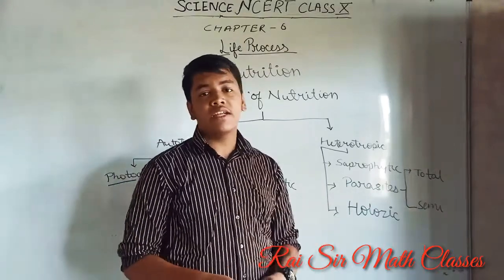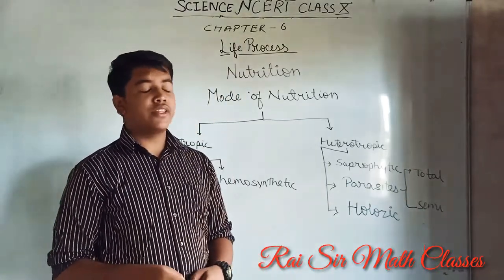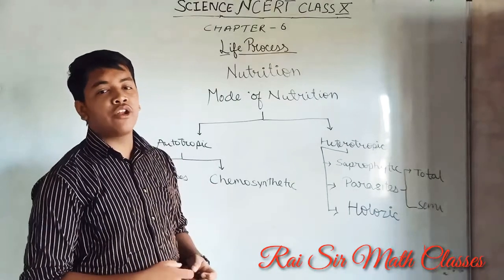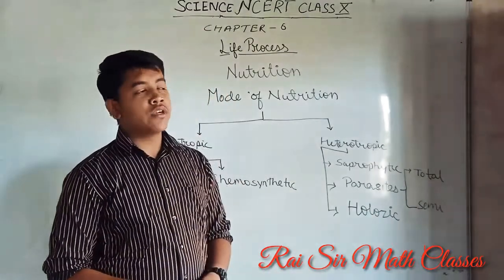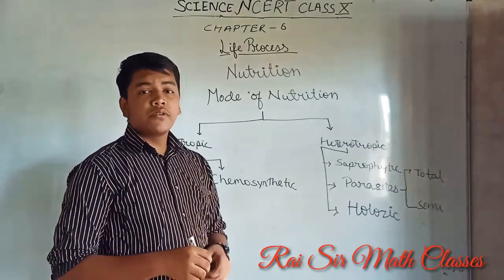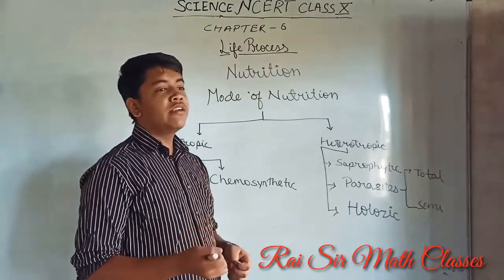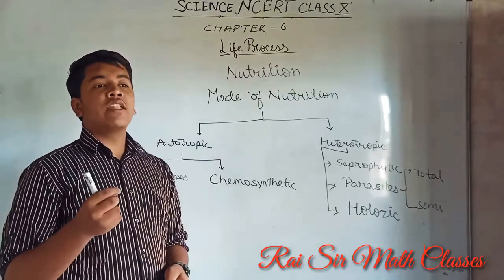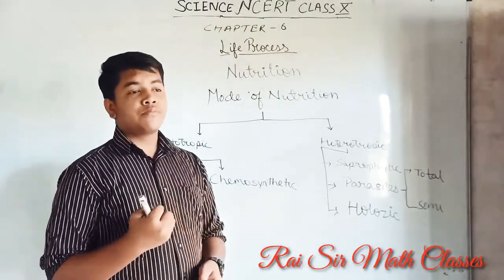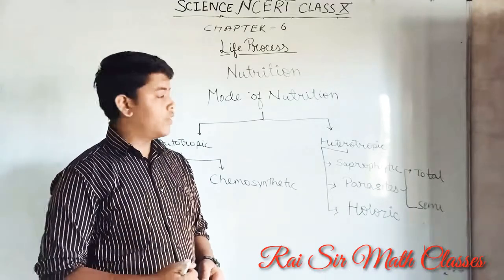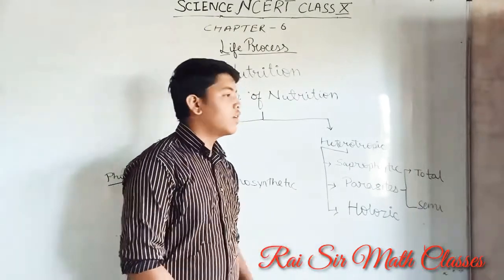And for total parasites, an example is the lion, which is totally dependent on other animals for its food. In semi-parasite, we take the example of bacteria. It comes when the animal has been dead for a long period of time and decomposes it. Now holozoite.